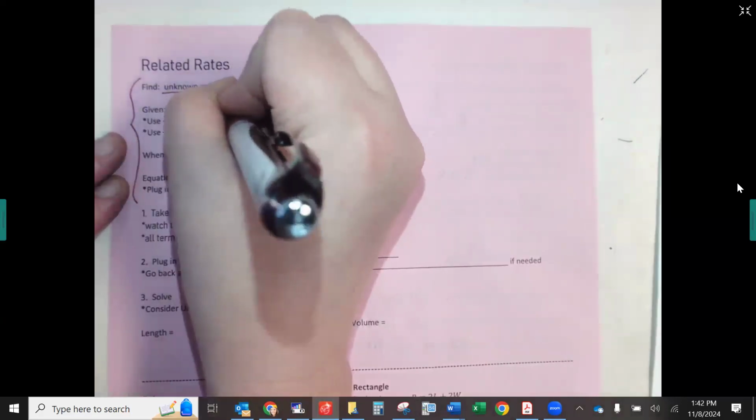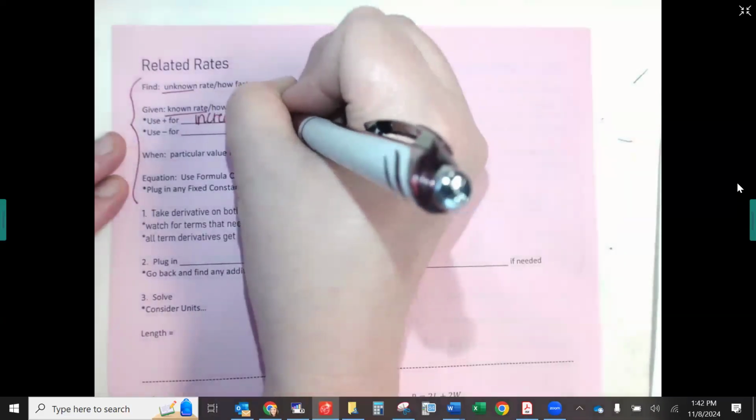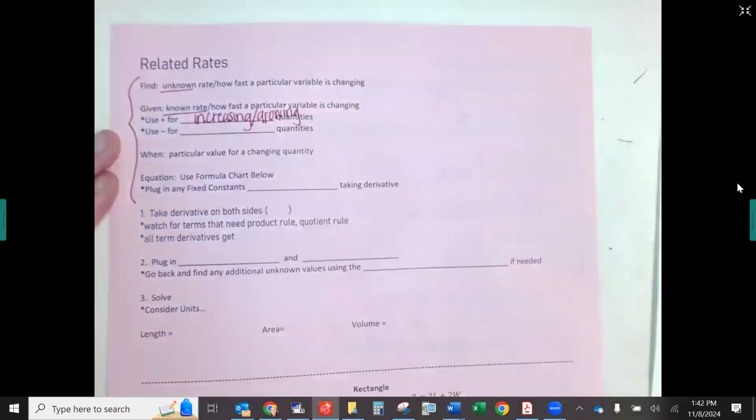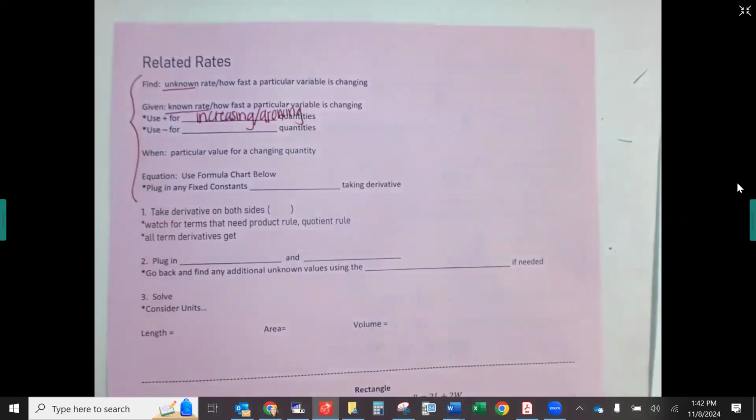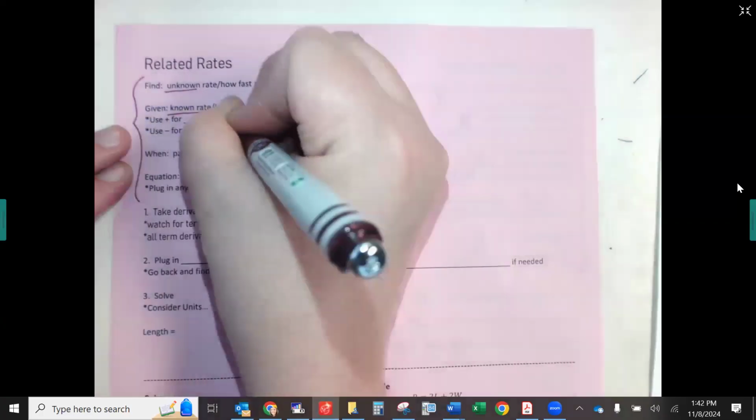So use a plus for an increasing, or if you want to put growing quantity. So if the base is increasing at a rate or it's growing at a rate, you should let it equal a positive. Okay, versus you would use a negative for a decreasing or shrinking quantity.